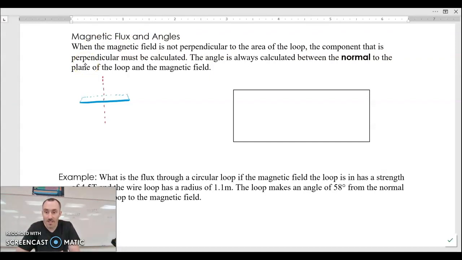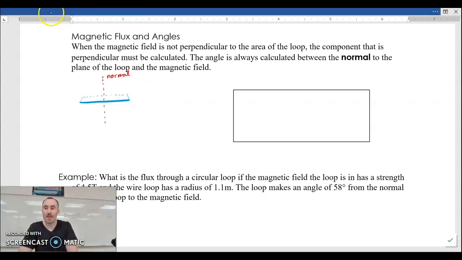Remember normal lines from way back in waves in grade 11? A normal line is just a 90-degree reference line to the loop that we're talking about, or to the plane that we're talking about. So in this case, here's our normal line. It just gives us a reference for what's perpendicular to the loop.